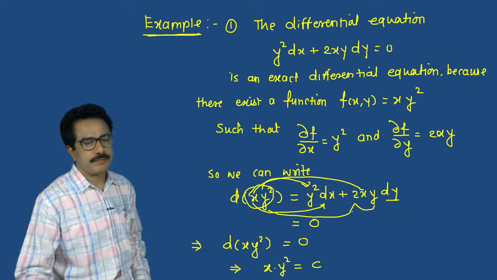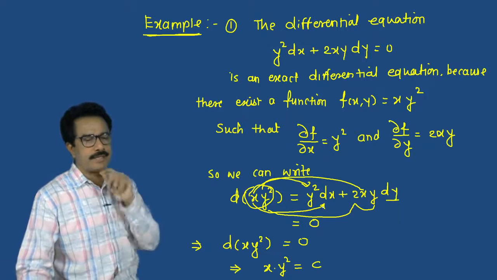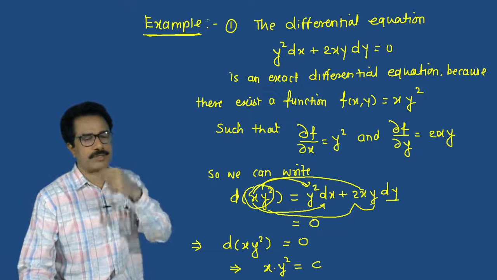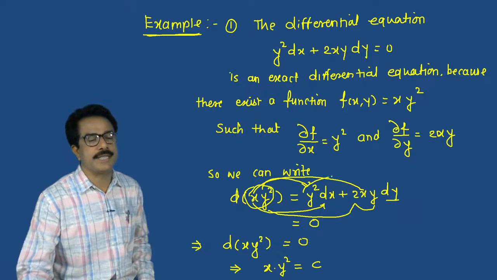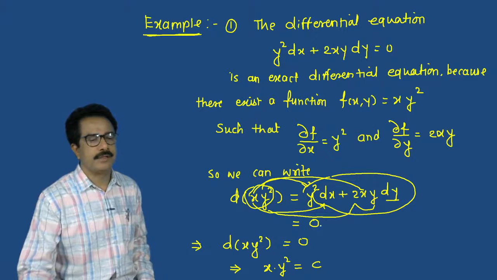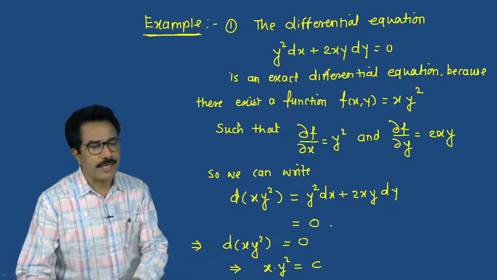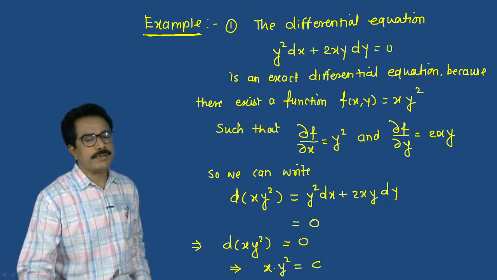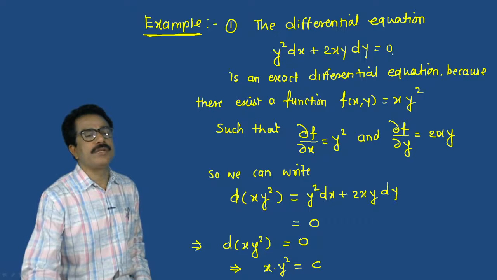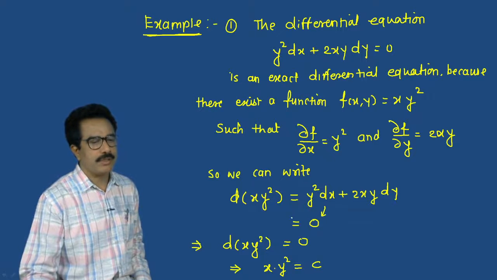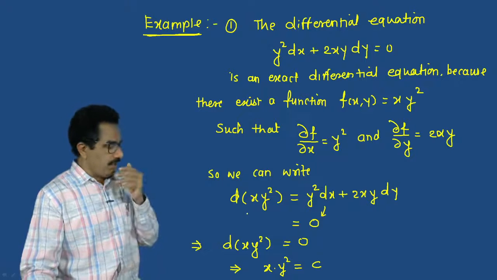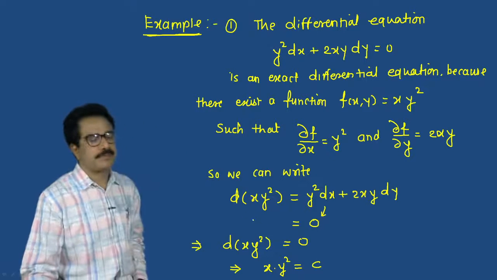Therefore, y square dx plus 2xy dy is called an exact differential equation. And so we can write y square dx plus 2xy dy equals 0.